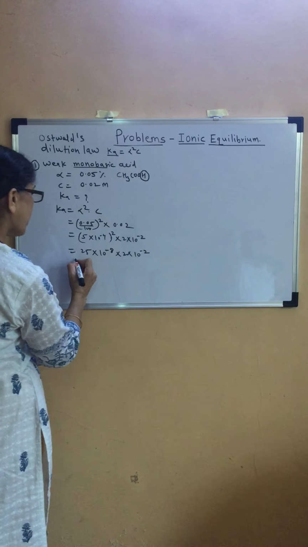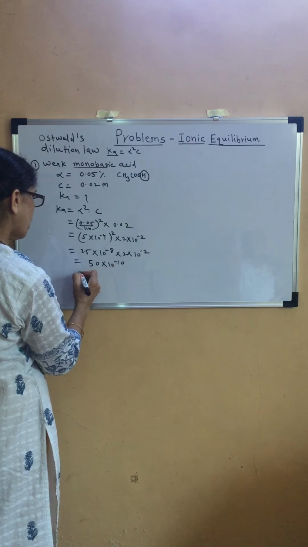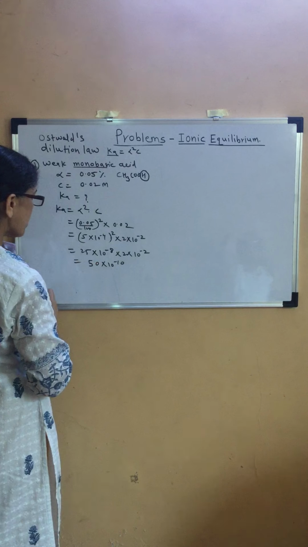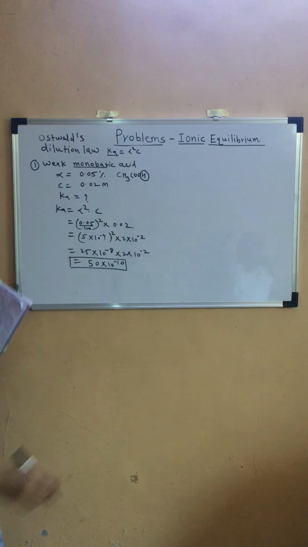So after substitution we will get 50 into 10 raised to minus 10 as the value of Ka.